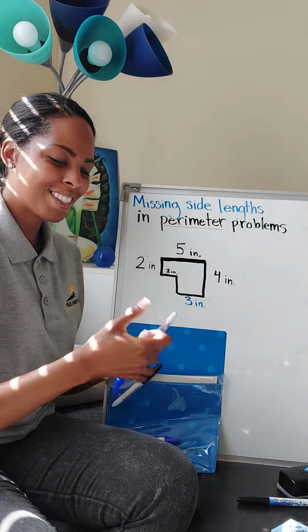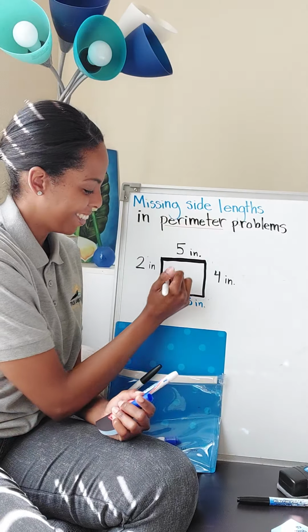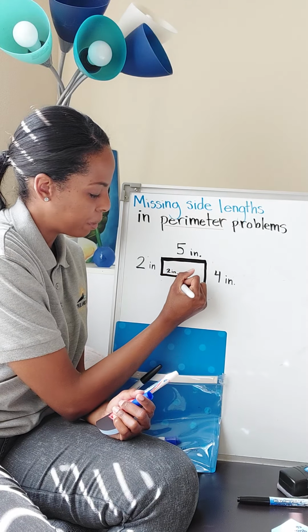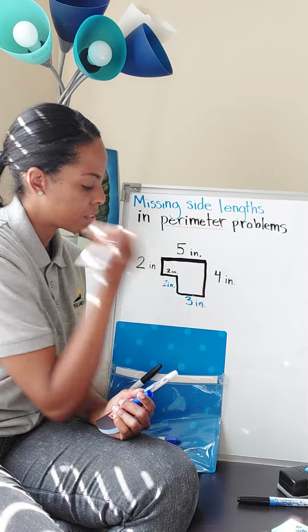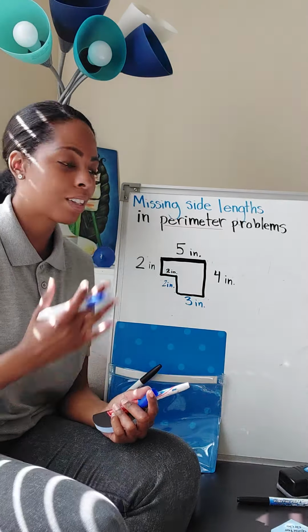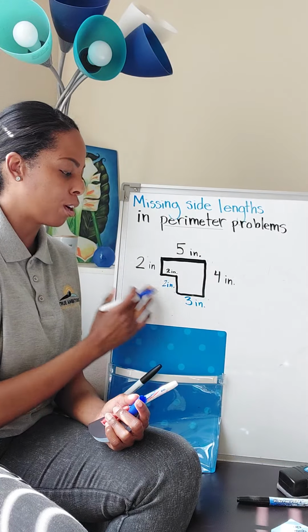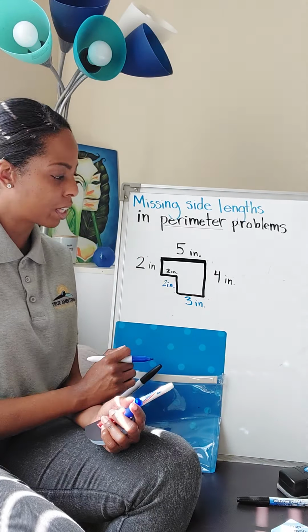Thank you for your patience, class. All right, so here we have 2 inches. Okay, perimeter. We need to add up all of the side lengths, okay?